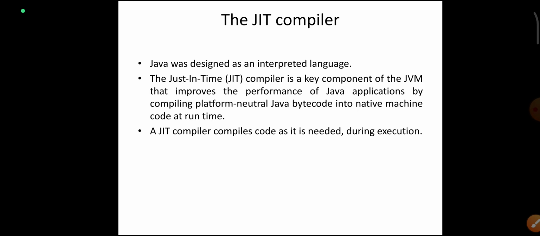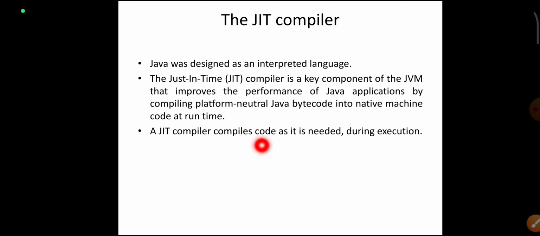With the help of this compiler, the JVM improves the performance of Java applications by compiling platform neutral Java bytecode into native machine code at runtime. That means the JIT compiler will convert Java bytecode to native machine code at runtime.